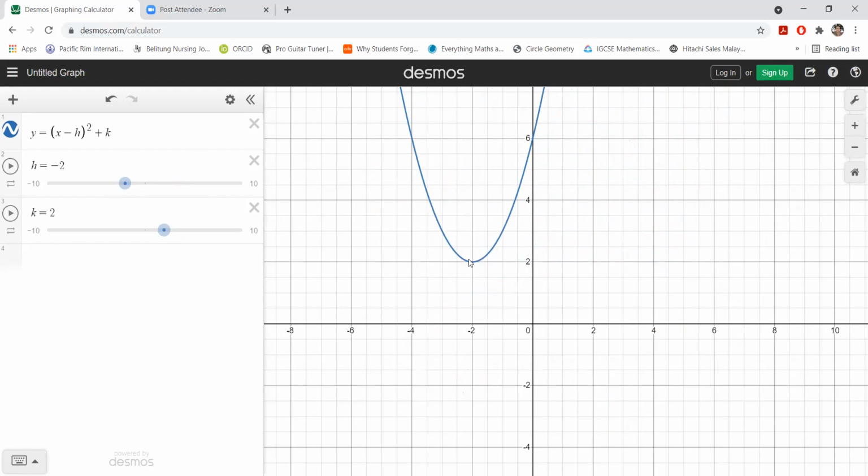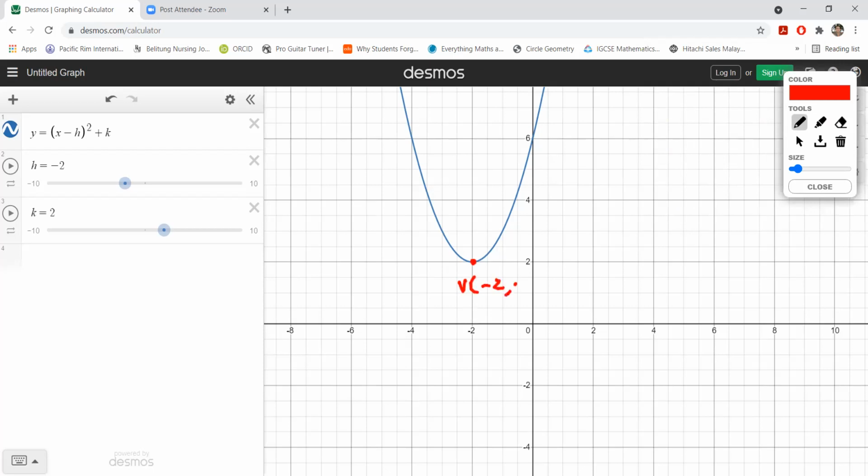Your vertex is this point, right? So I'll mark it again. So this is the vertex, which is -2, 2. That's your lowest point. So your minimum is going to be 2 again. Your minimum point is 2, or y equals 2.